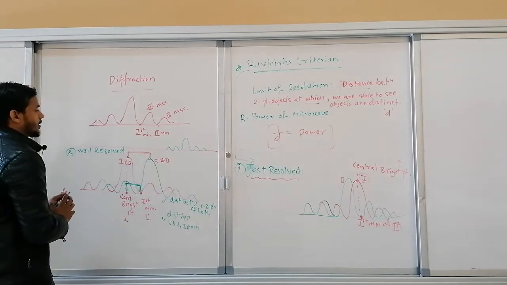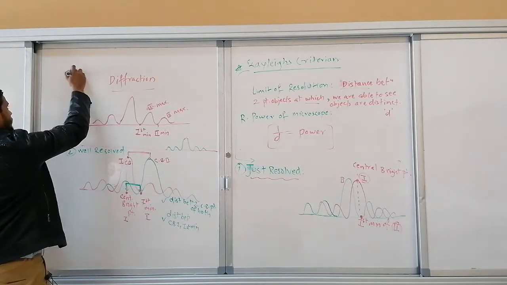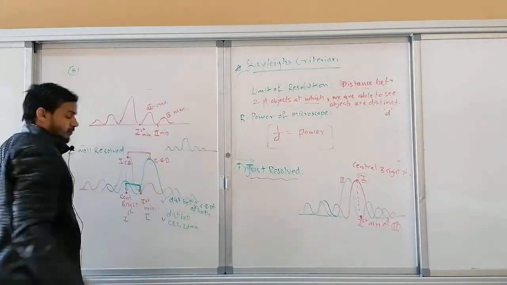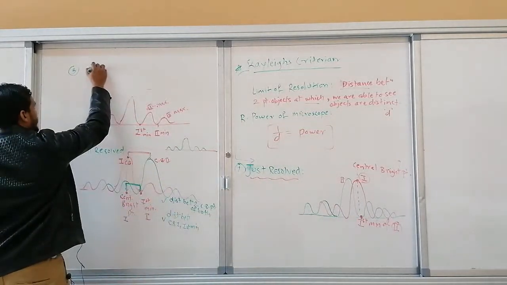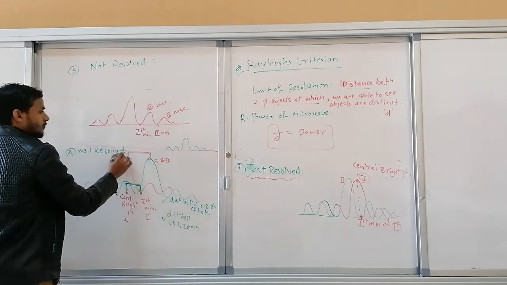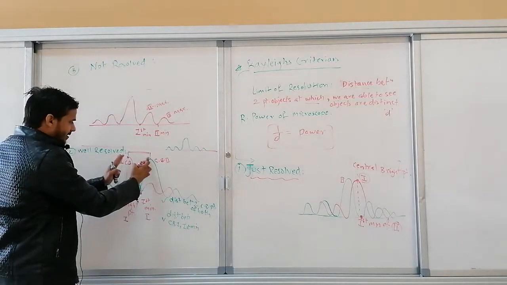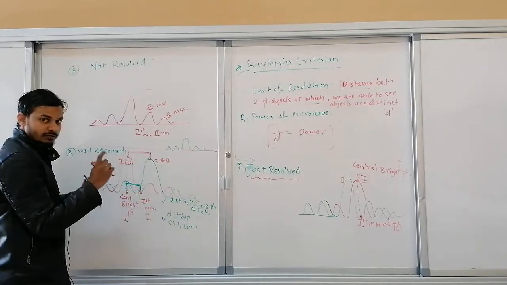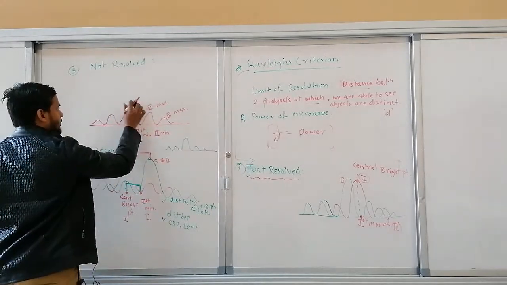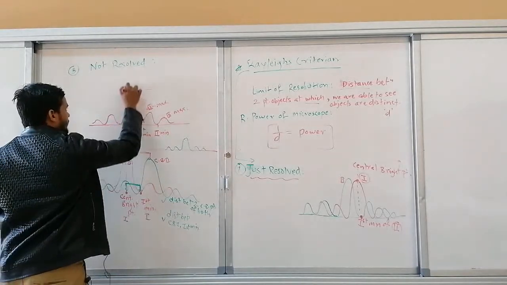And when will we say not resolved? Look at that. Here I'm going to make another, number 3. I will say not resolved. What will happen in not resolved? We have to make this distance less than this distance. Did you know the key now? Now you know how to draw. I have to draw, but you have to cooperate.